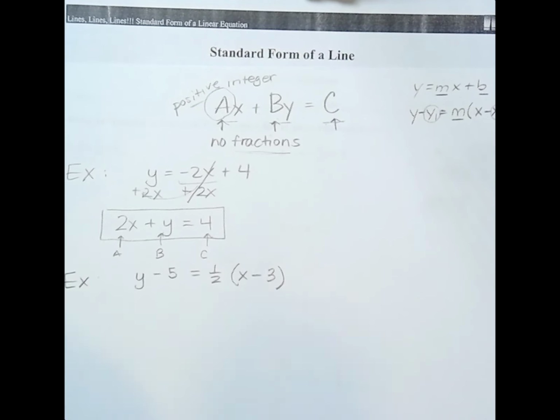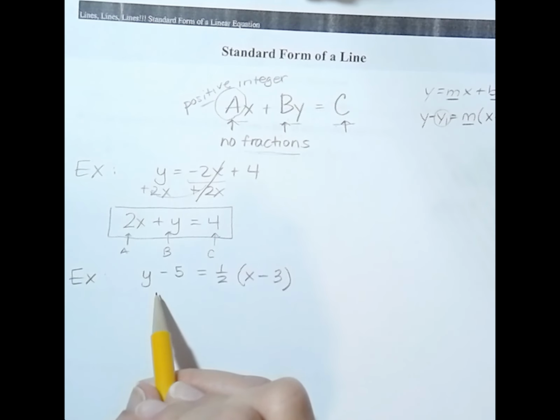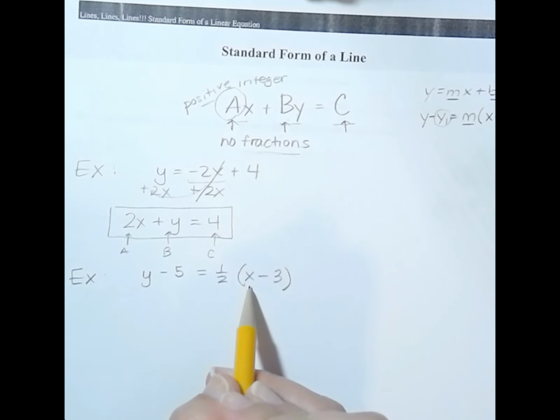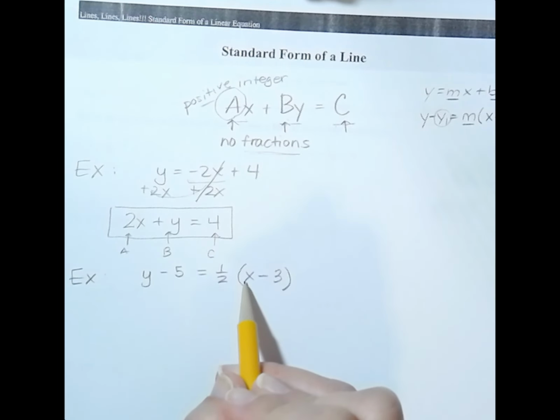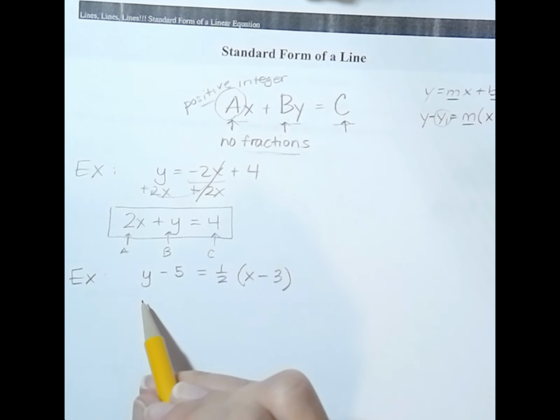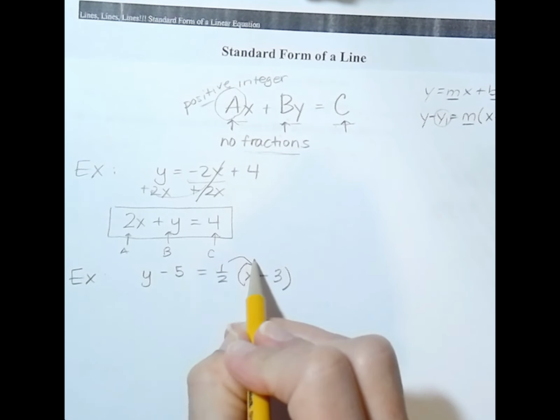But let's look at one that's a little tougher. Here's an equation in point-slope form. First of all, I need to get rid of these parentheses, then I need to get rid of the fractions, and then I need to get the x term over to the left side with the y term. So let's start by distributing the 1/2.